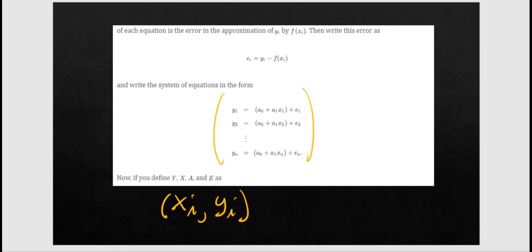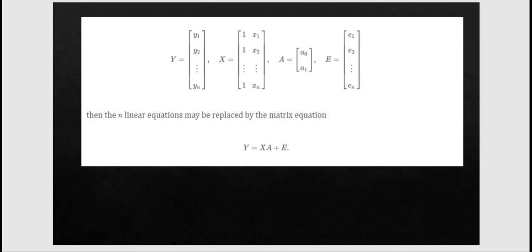So this matrix Y is equal to, of the points x sub i, y sub i, you're just putting these y values, and then the x values are going in this column.